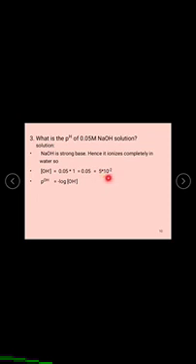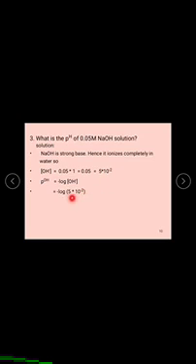First we should substitute this value in the OH minus concentration. Then that is minus log 5 into 10 to the power of minus 2.